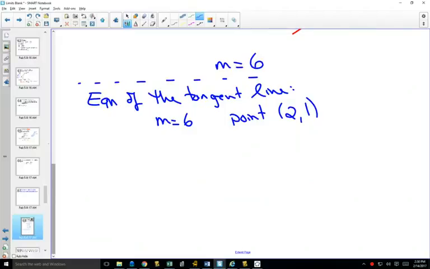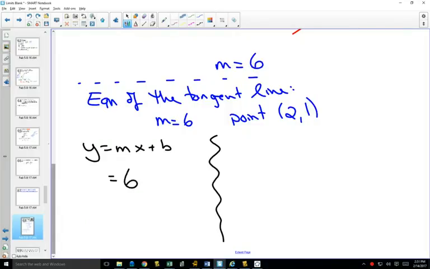So I'm going to show you 2 different ways you can find it. This is review. You probably remember both of these ways. 1, y equals mx plus b. If you use y equals mx plus b, you know that the slope is 6, so you can put 6 in for m.